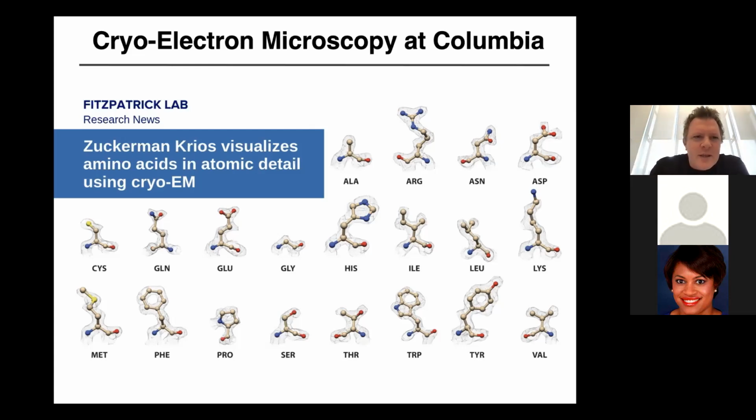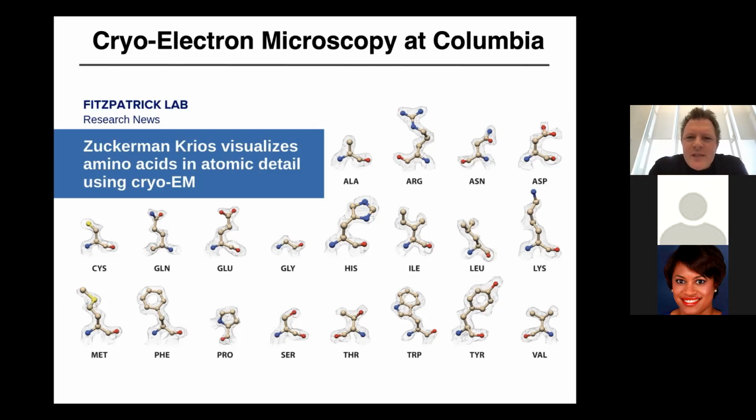So I'll be talking in the second half of today's research seminar about cryo-electron microscopy, which is currently the highest resolution technique to visualize either proteins or protein complexes, protein RNA, protein DNA complexes, or even cells at highest resolution possible.